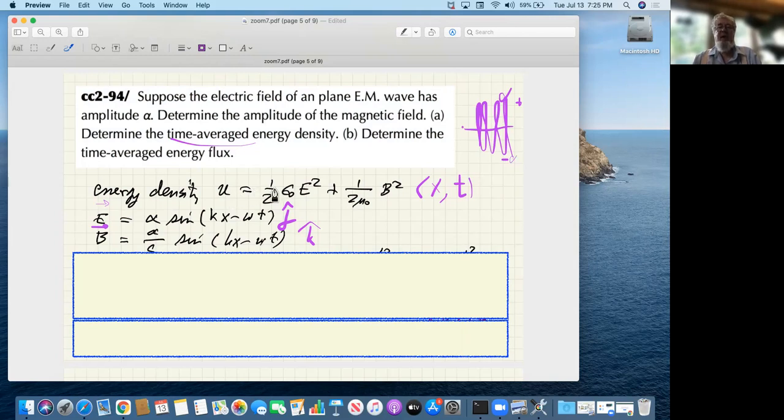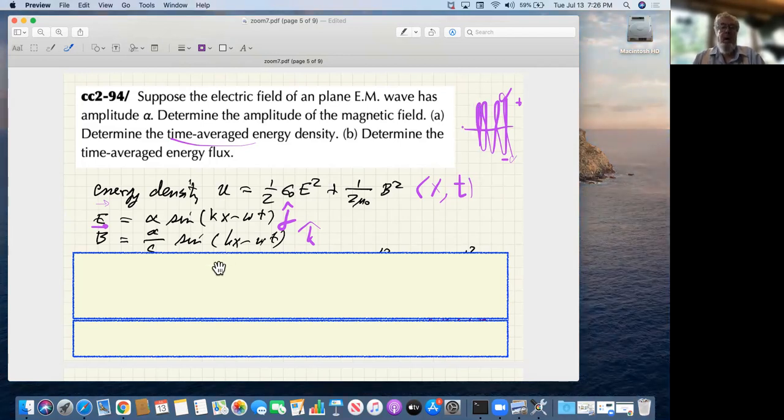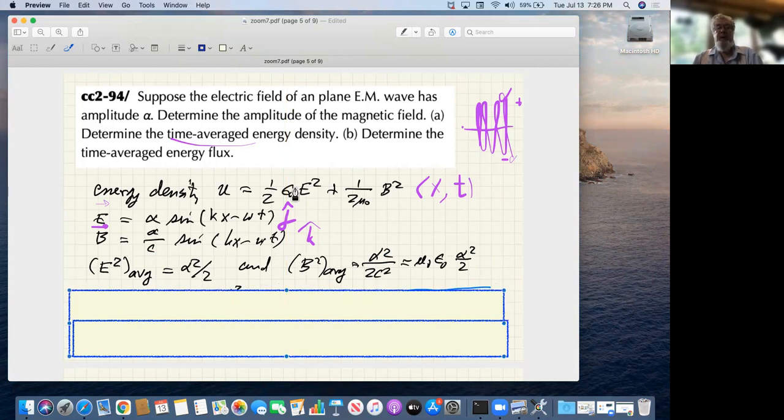So the electric energy is oscillating between 0 and 1/2 epsilon 0 alpha squared. The sine squared oscillates between 0 and 1, so the average is 1/2. So E squared average is alpha squared over 2. B squared average is alpha squared over c squared, divided by 2.